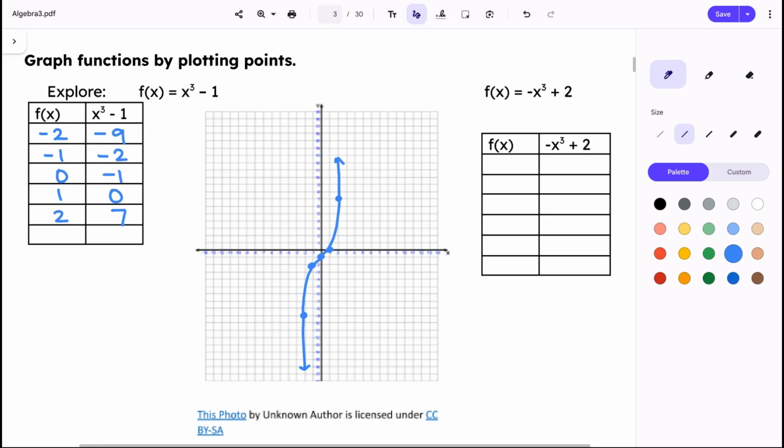Okay, so now let's do the same thing over here on this one, but let's change our equation. So this time it's -x to the third plus 2. So again, I would go to your table and type this in, -x to the third plus 2. And I would do the same set of numbers, -2, -1, 0, 1, and 2.